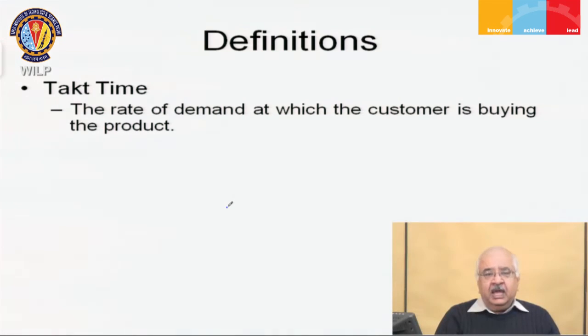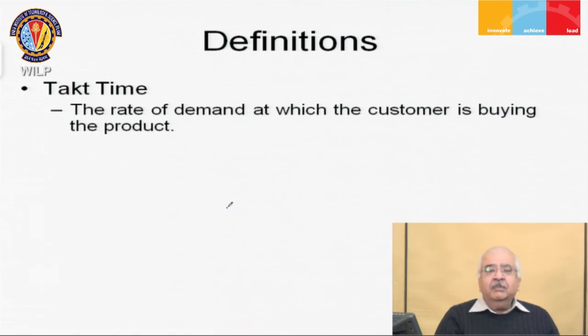So if we have, let's say, the demand in one shift is 500 pieces, and if we are working for 480 minutes in a shift, then the rate at which the customer is demanding the part is slightly more than 1 piece per minute, or slightly more than 1 piece every 60 seconds. So the takt time is the rate at which the customer is demanding the product.